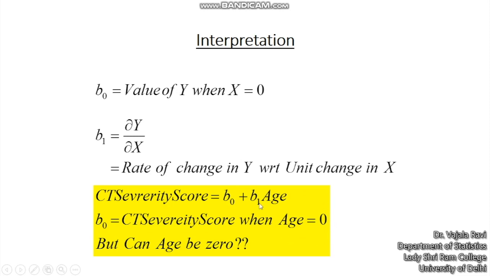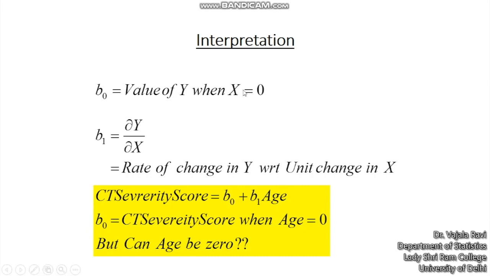So literally, we cannot have a situation where age is equal to 0, right? If age is equal to 0, then the person doesn't exist. So I am forcibly extrapolating the regression line to pass through the origin, to pass through the value x is equal to 0. But can age be 0? No, it cannot be. So therefore, it will lead to nonsensical kind of conclusion.